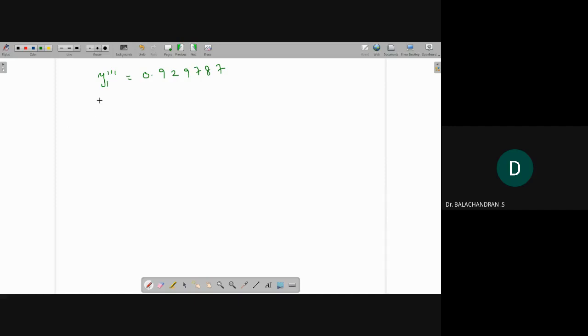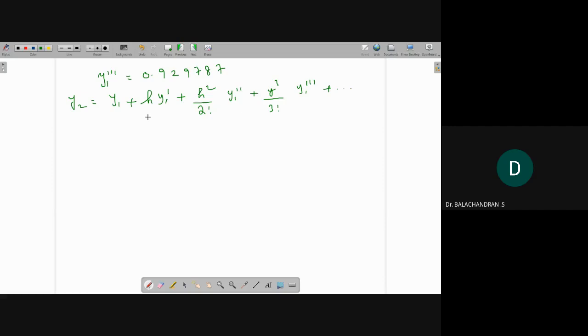And then the final value, that is y2 equal to y1 plus h into y1 dash plus h square by 2 factorial into y1 double dash plus h cube by 3 factorial into y1 triple dash, and so on.